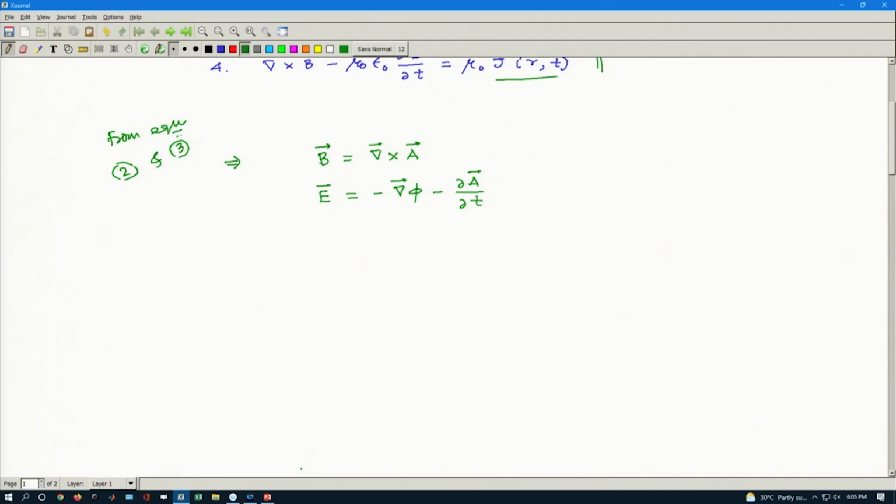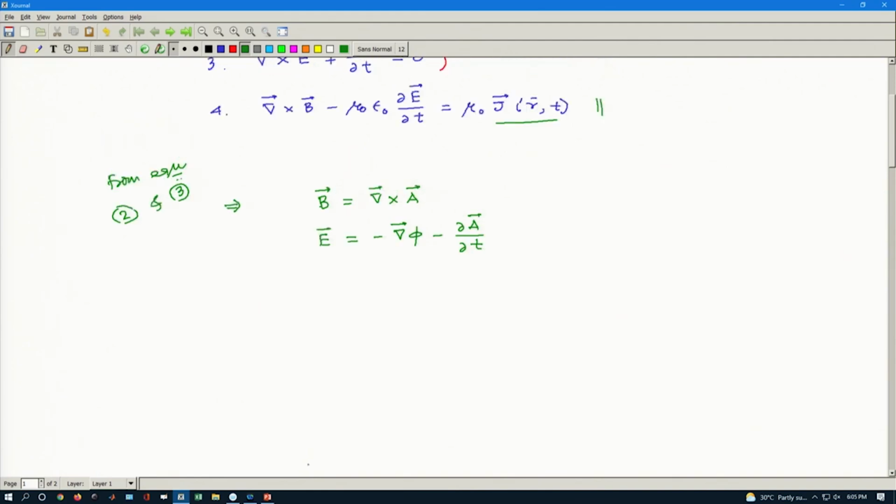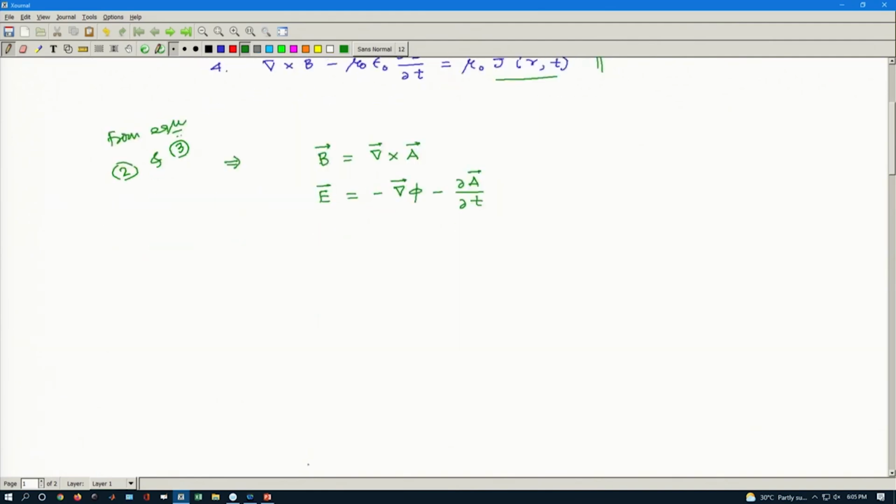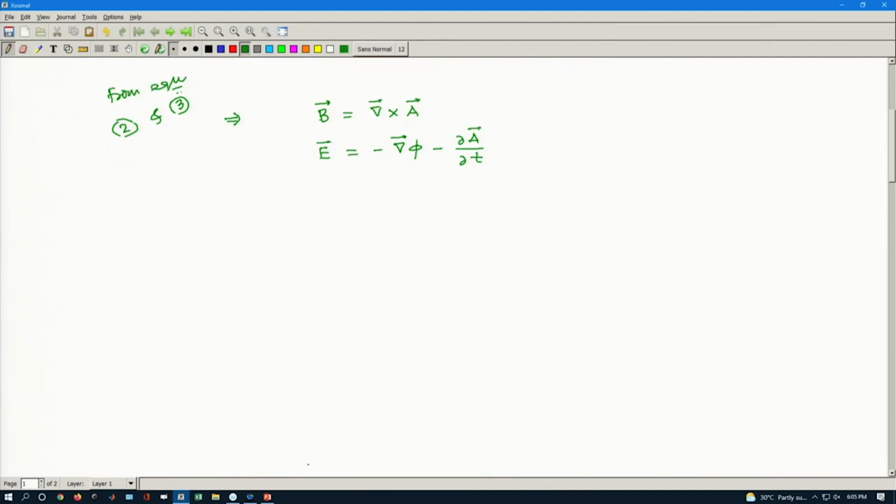So, we extract the information of equations 2 and 3 and eventually get B and E.